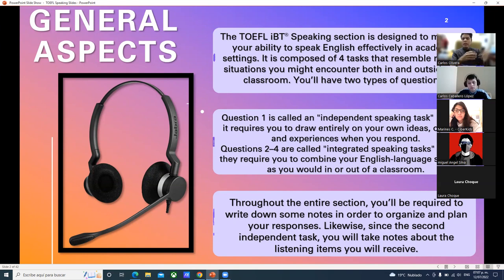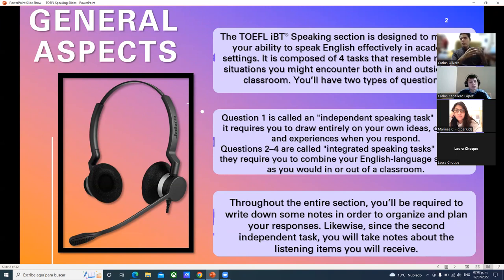It's most probably going to be a student commenting on that specific passage. What you have to do after receiving all those materials is prepare your response and deliver a response summarizing both items. Another very important thing is that you have to take a lot of notes.